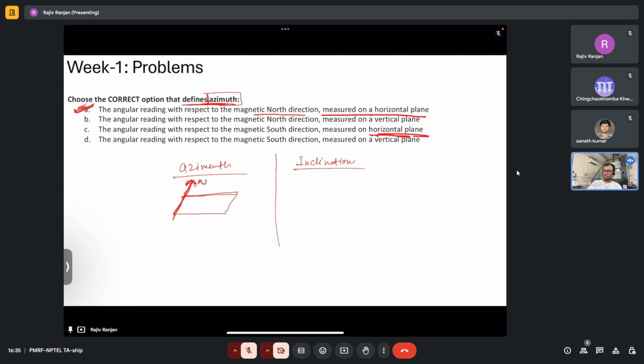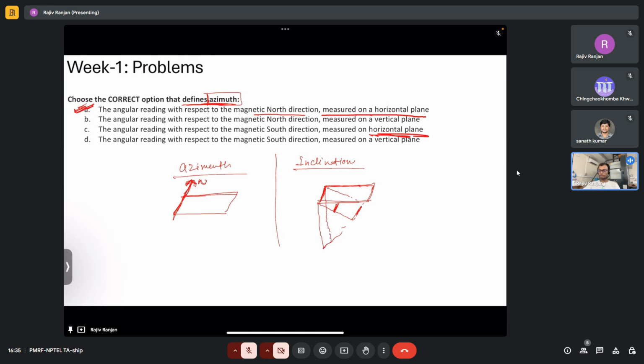But when we talk about inclination, what does it measure? It measures how much the inclination is, meaning these angles. So this inclination is called.